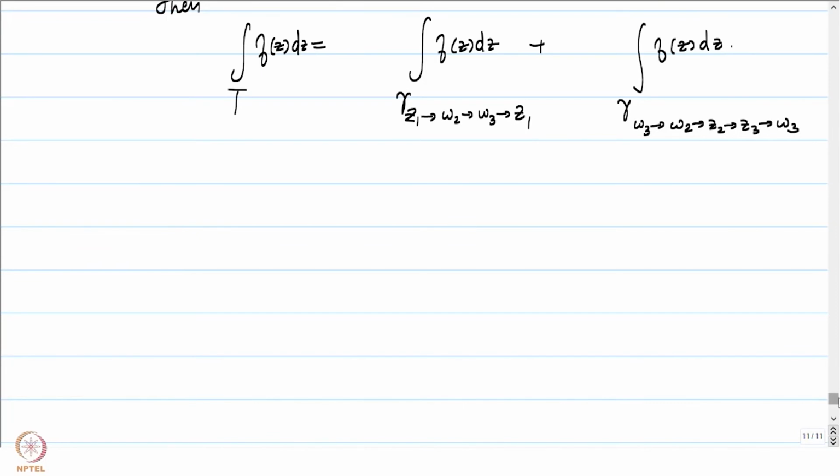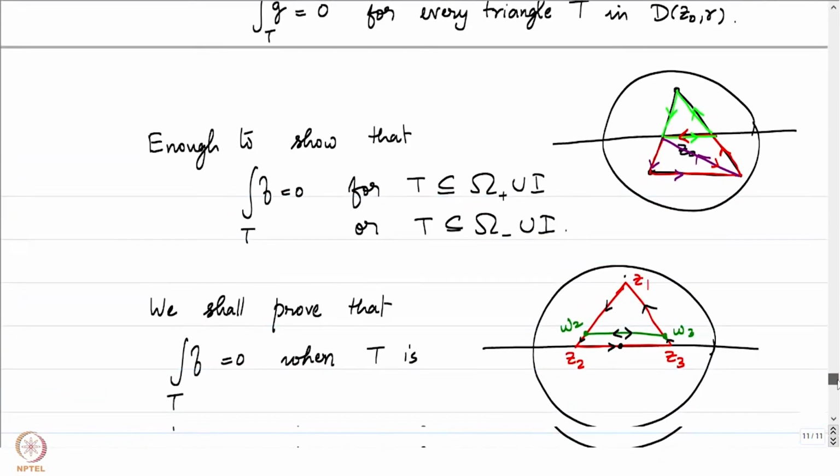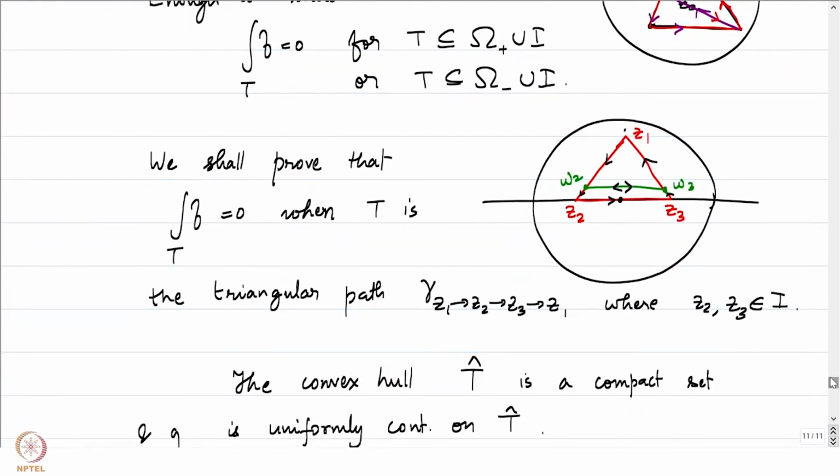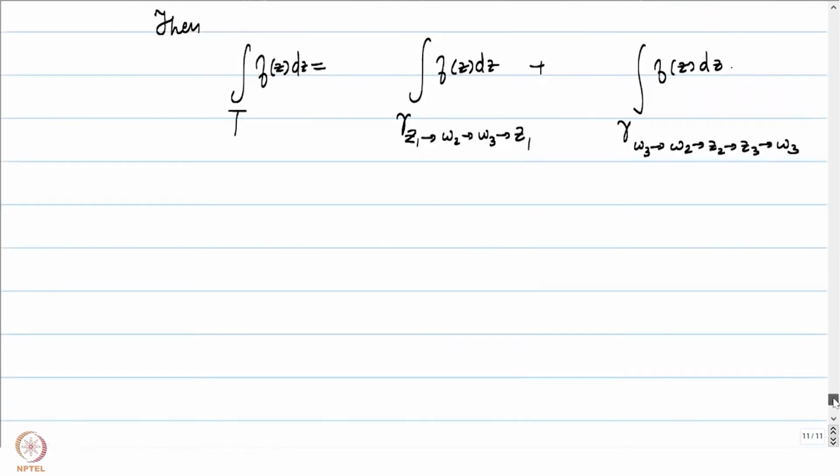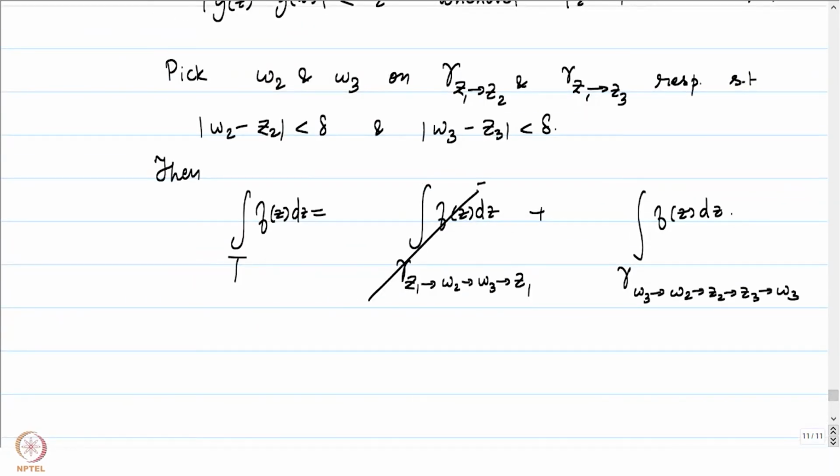Now, if you notice, the disc intersected with the upper half plane is an open set, and in that open set this triangle is contractible, it is null homotopic, and therefore by Cauchy's theorem this is equal to 0.